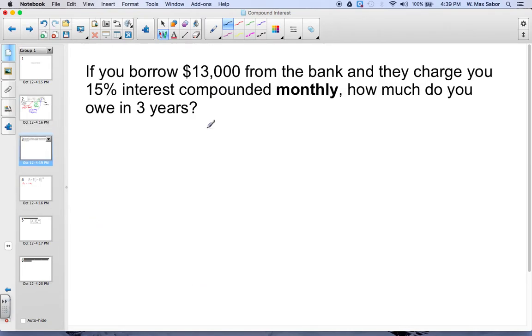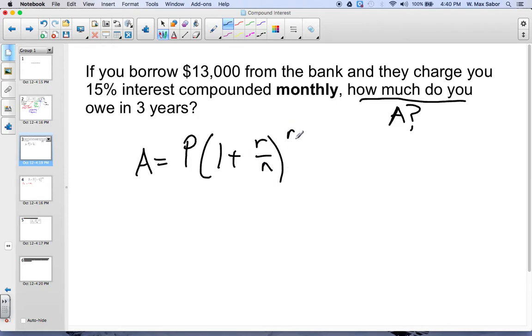So if you borrow $13,000 from the bank and they charge you 15% interest compounded monthly, how much do you owe in 3 years? How much do you owe is our question. We want to know what A is. So A equals P times 1 plus r over n to the nt.